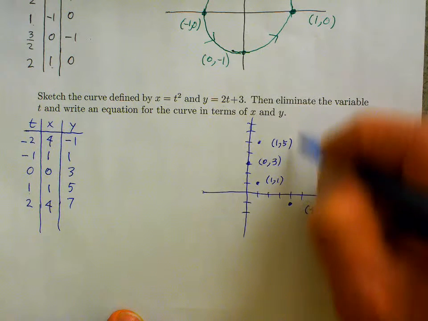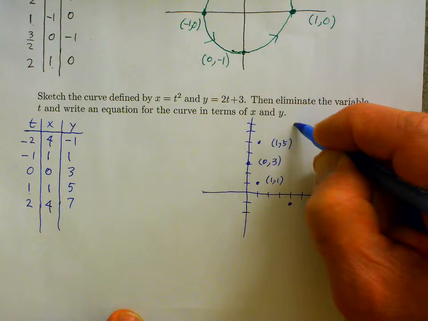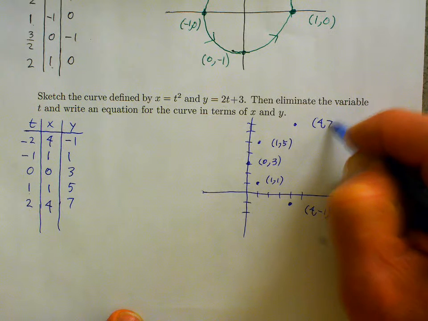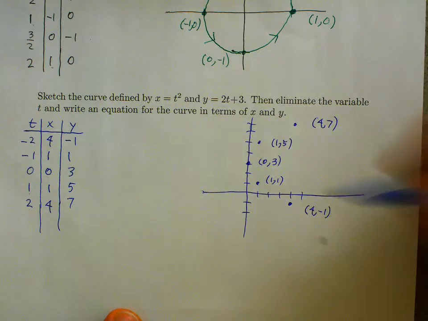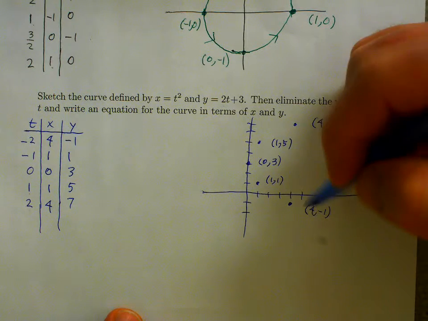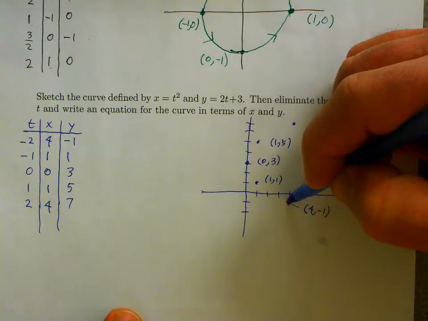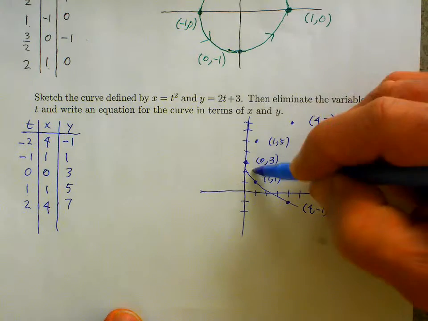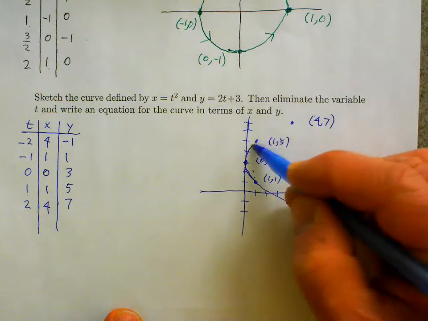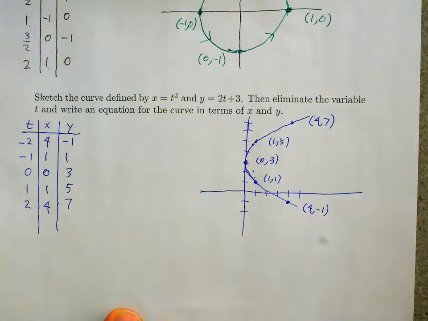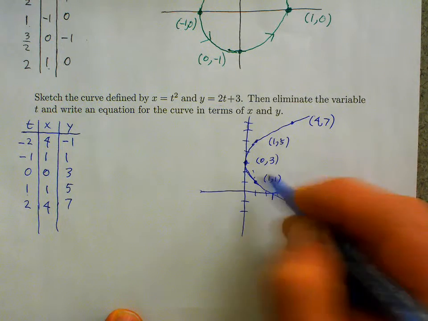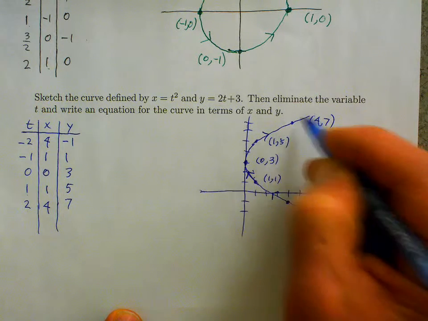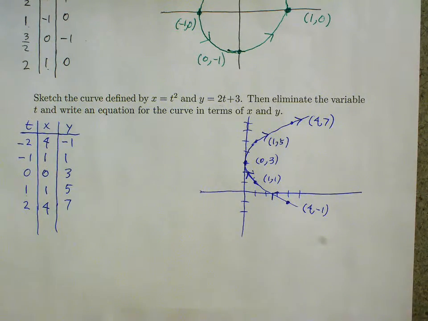And 4, 7. So if we trace those, well, we're missing some information, but it looks something like this. And then indicate with an arrow, for smaller values of t, so our arrow is in that direction. That's the orientation of the curve.